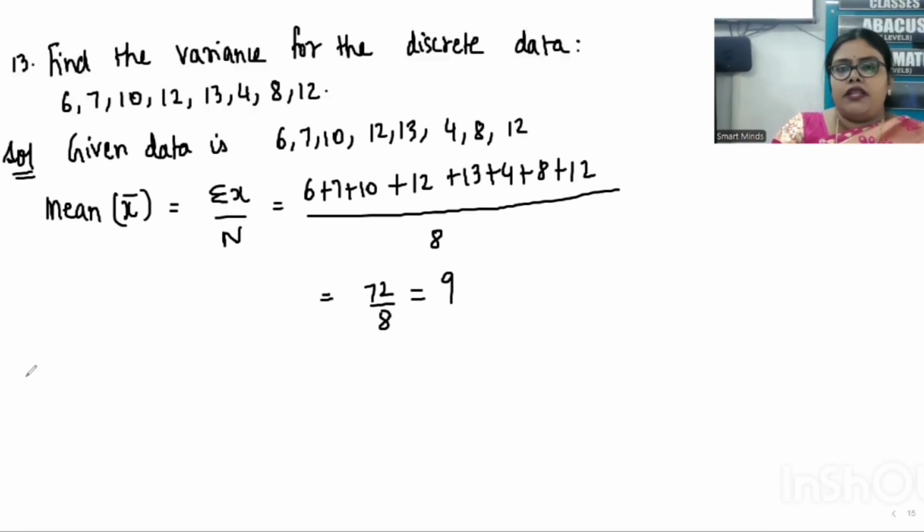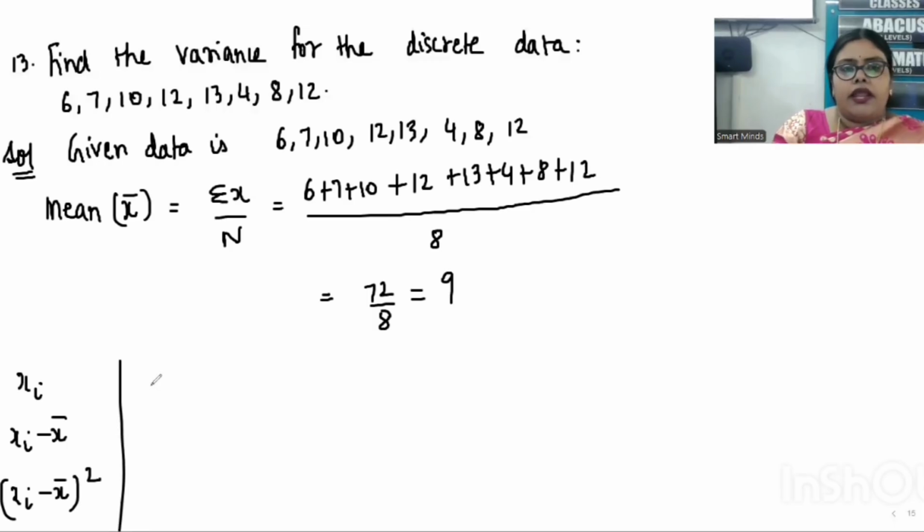So to find variance, we form a table. xi, xi minus x bar, xi minus x bar whole square. So in xi, we write all the observations 6, 7, 10, 12, 13, 4, 8, and 12.